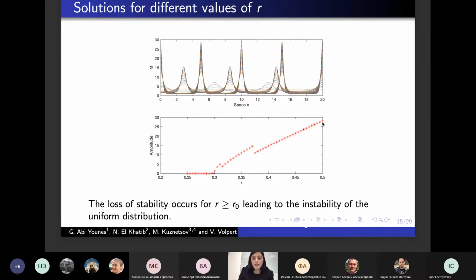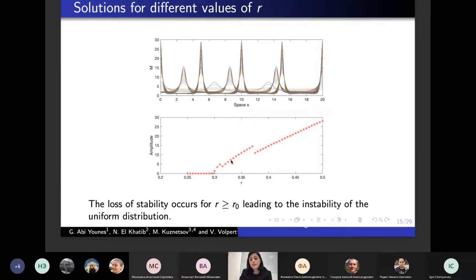We notice that here the amplitude decreases and there is a jump. The solution reaches another branch, and for a given value of R here also there is another jump, and at the end, when R is less than R0, the amplitude is 0.